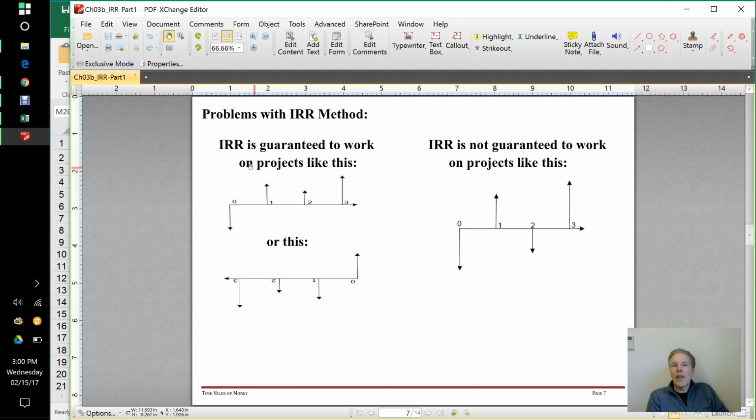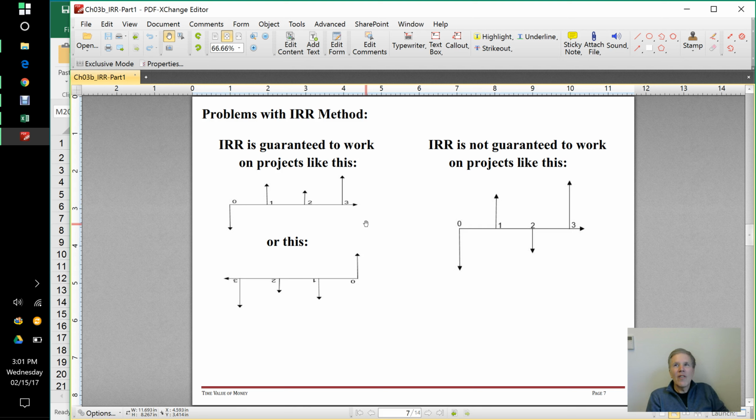The awesome mathematicians of this world have figured out that if we have a project looking like this or looking like this, i.e., a project whose only negative cash flow happens at t equals 0 and all the others are positive, doesn't matter when they happen, doesn't matter what their magnitude is, then the IRR method is guaranteed to work.